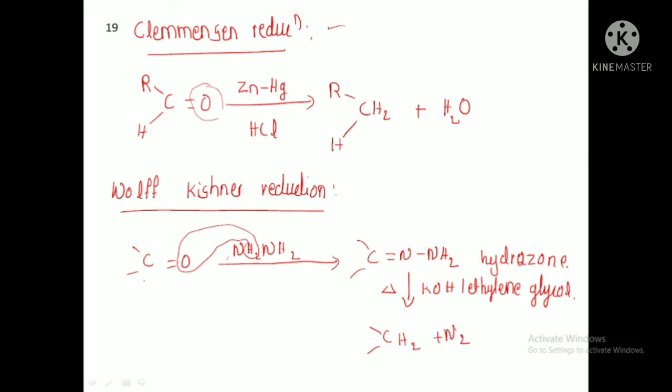Directly you can write it like this also; you can skip this intermediate step. Aldehydes or ketones on reaction with hydrazine will form the corresponding alkanes, or corresponding hydrocarbons. So these are Clemmensen reduction and Wolff-Kishner reduction. These two are very important reactions.